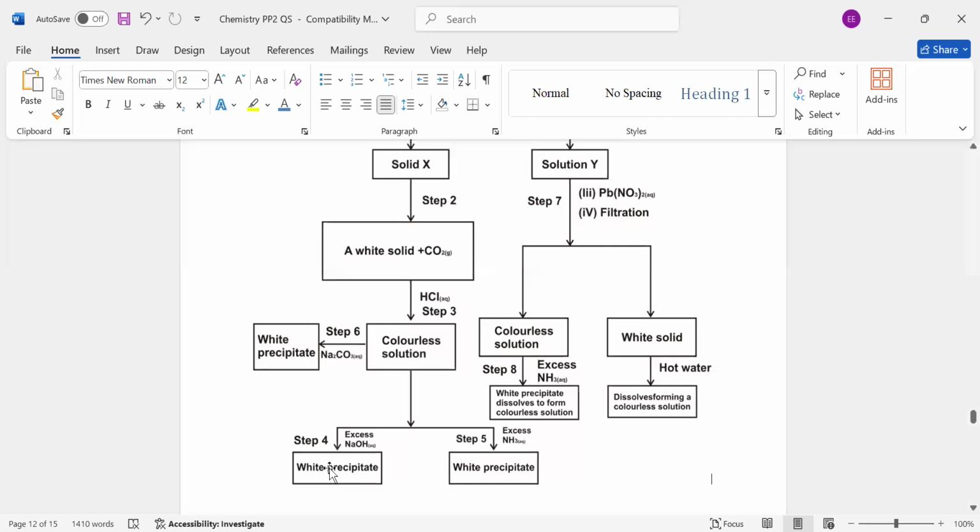Now let us start with this. If at all it is excess sodium hydroxide, and then the precipitate dissolves to form a colorless solution, what will be this? So step 4, we have excess sodium hydroxide, white precipitate. Step 5, excess ammonia, white precipitate. Yes, these ones are giving us a clue.